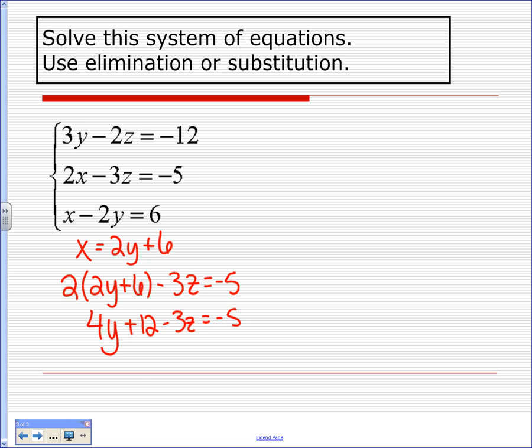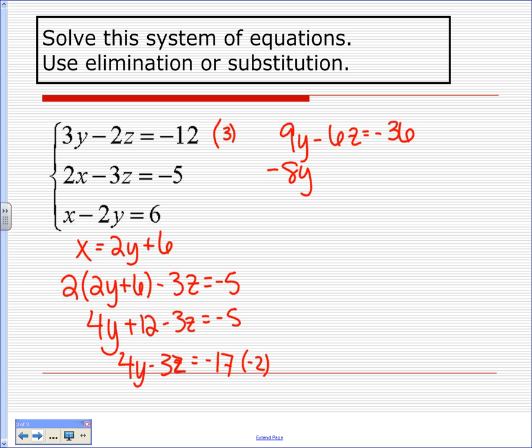Why are y'all looking up? Not really. I have y equals negative.